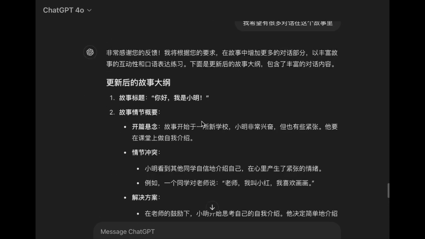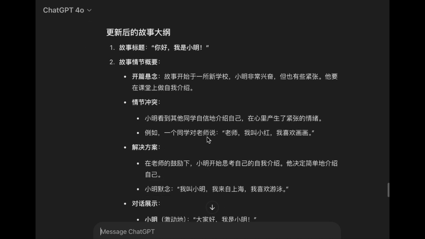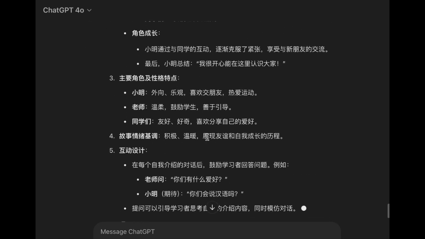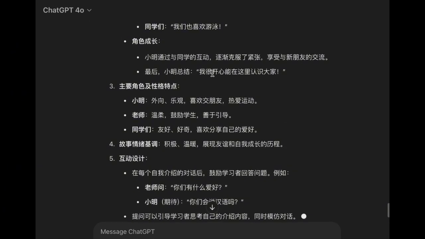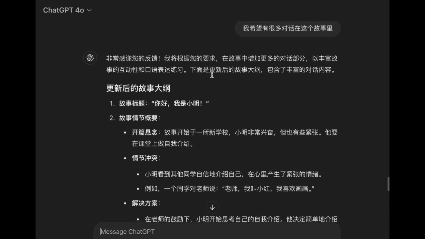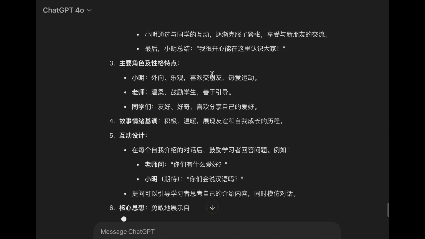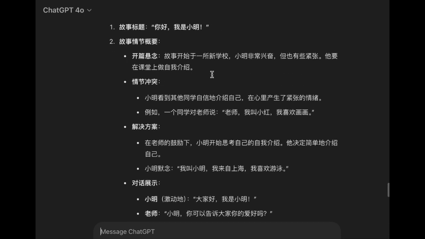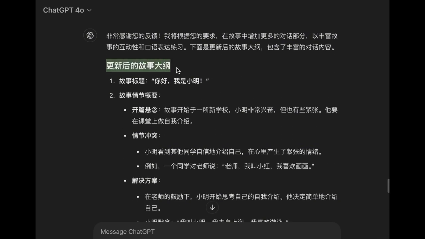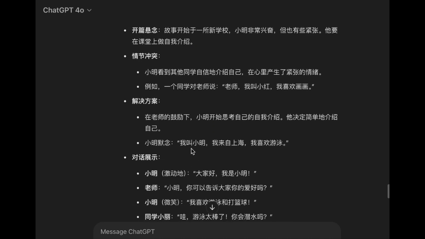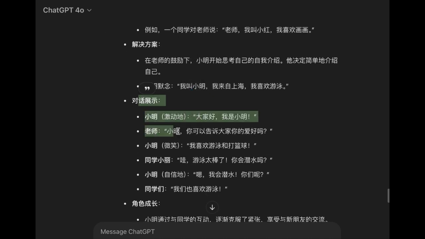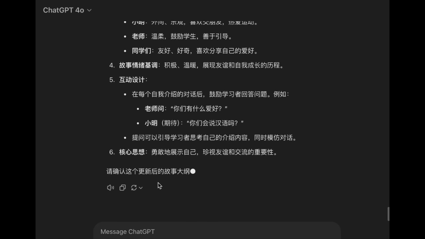Then AI modifies the story's content. This is the story's outline. In this version, I think it's very good, so I confirm I need it.